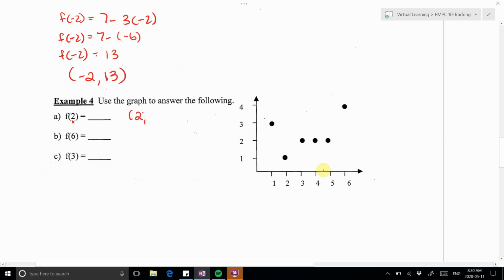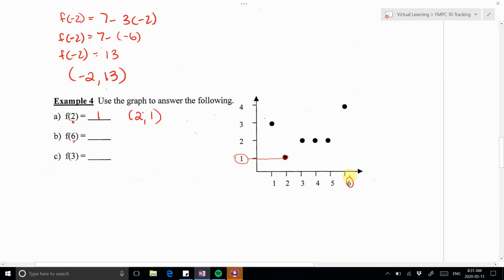So on my graph, I find that x is positive 2. And I look. If I go up, there's the point. So for this graph, when x is positive 2, my y is positive 1. When f is 6, so f at 6, this is your x value.